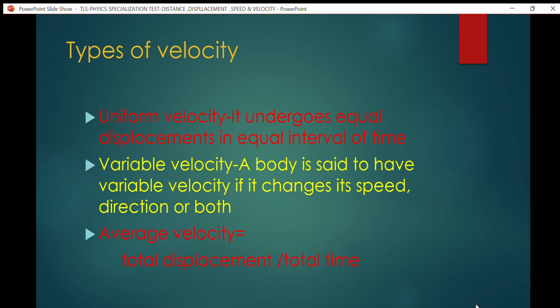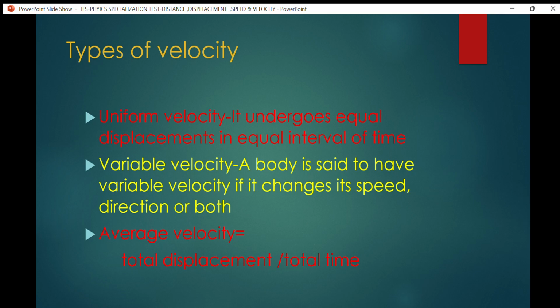If its speed changes, you cannot say that it is uniform velocity, it is variable velocity. The second thing is it will change its direction. For example, if a body moves through a circular path with a uniform speed, you know that it always changes its direction, so we can say it is not uniform velocity, it is variable velocity.